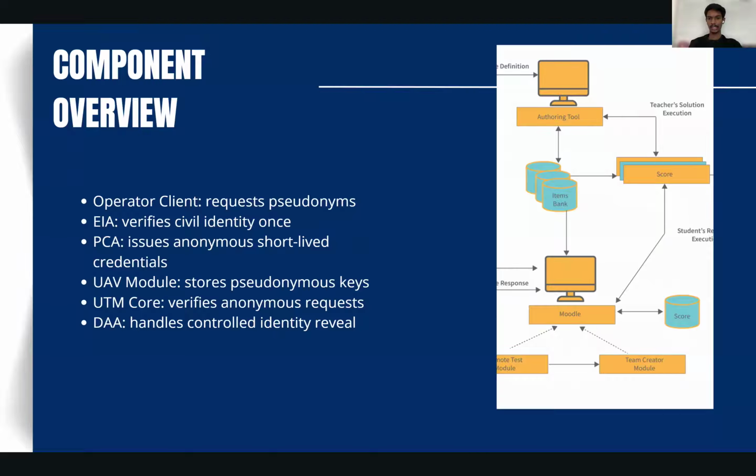And finally, the DAA handles identity revelation only when an incident requires investigation. So together, these components create a full end-to-end privacy-preserving authentication flow. That concludes the breakdown of our security patterns and system components. From here, Simon will walk us through the next components.